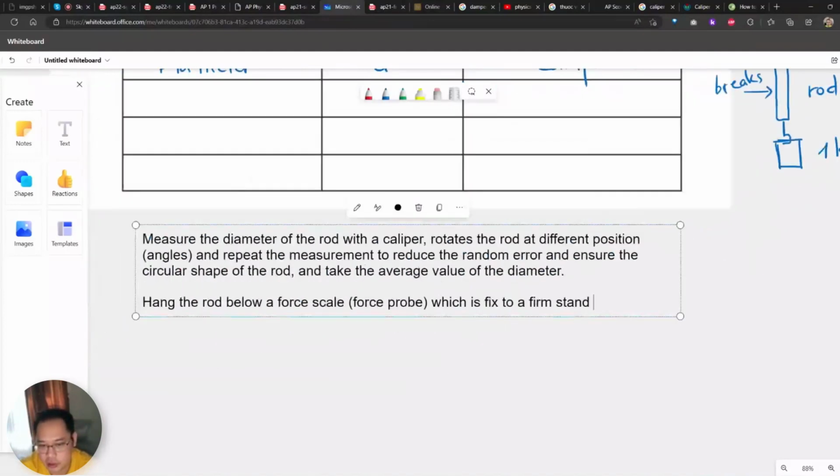Fixed to a firm stand. Yes. On its top. Then hang an object, a weight, on the lower end of the rod, such as 0.5 kilogram.